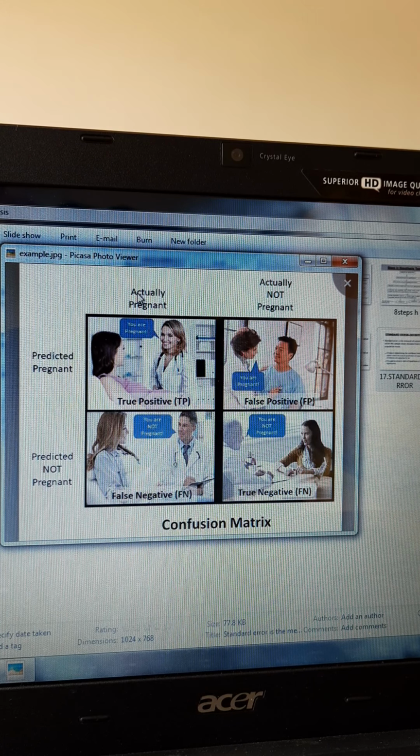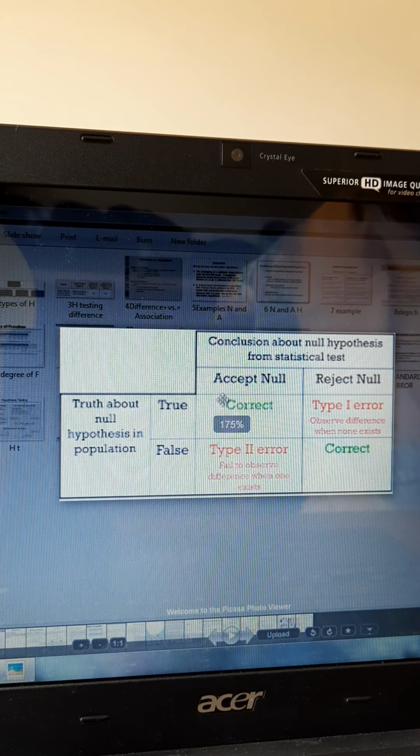Actually pregnant, so what you should do? It should be positive, true positive. Correct? Actually not pregnant, but you have accepted it. So this is your standard type 1, type 2 error. Remember this.